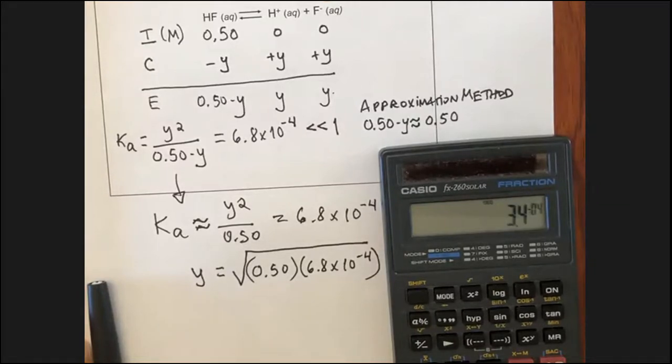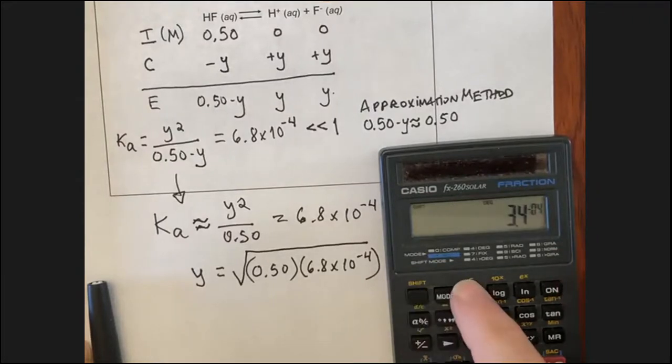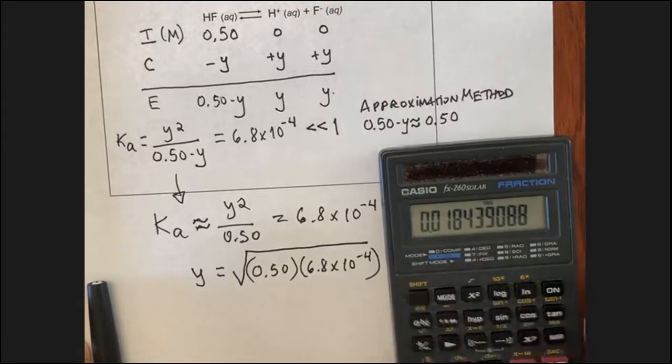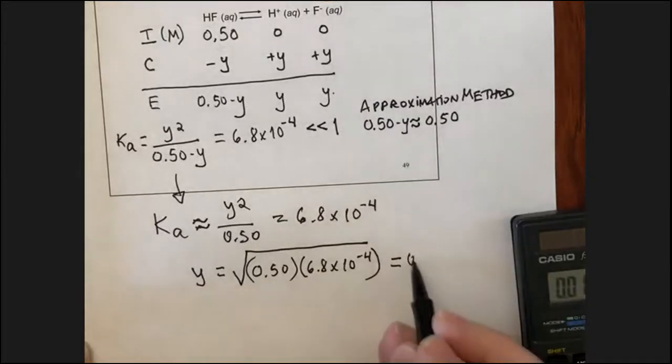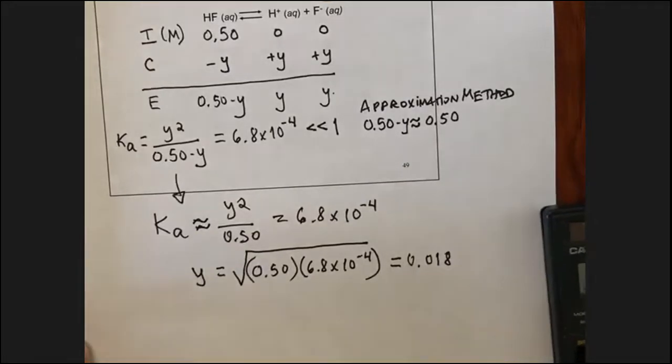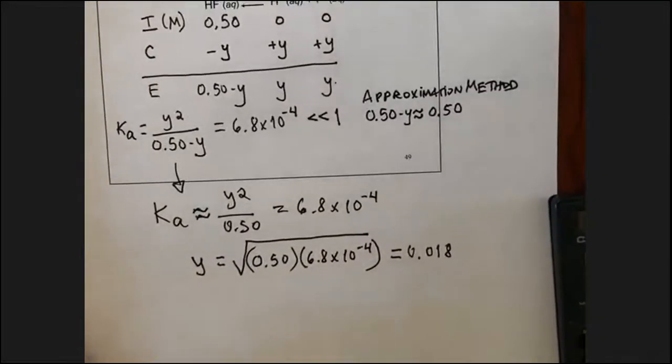That equals that. And I'm going to take the square root of that, and I get 0.01843988, and so on. But remember that my input values here only had 2 sig figs. So this is going to be essentially 0.018. That is the value of my unknown.